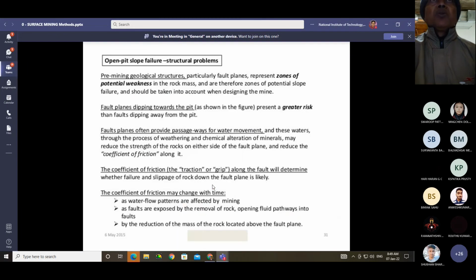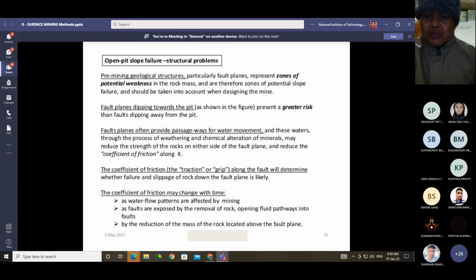So open pit slope failure is a problem in open pit mining. There may be structural problems. Pre-mining geological structures, particularly fault planes, represent zones of potential weakness in the rock mass and are therefore zones of potential slope failure, and should be taken into account when designing the mine.